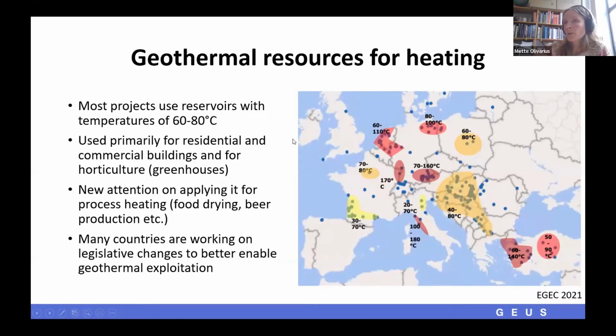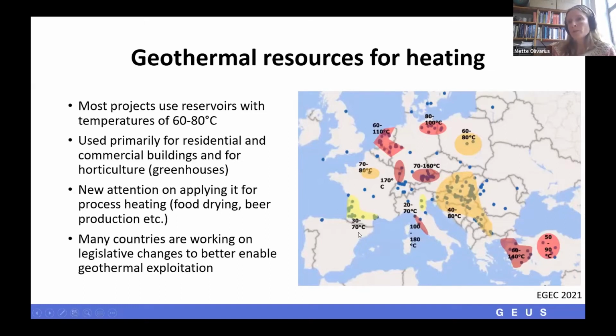And increasingly there's been attention to applying it for process heating, like drying of foods, beer production, etc. You can see in some areas where they have high geothermal gradients due to volcanic areas in Italy and Turkey and also in Iceland, etc., that they can, even from shallow reservoirs, use it directly for electricity production.